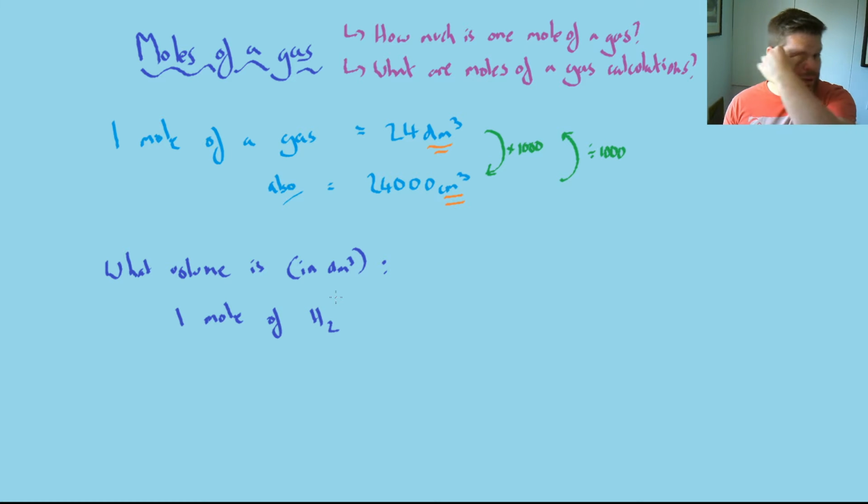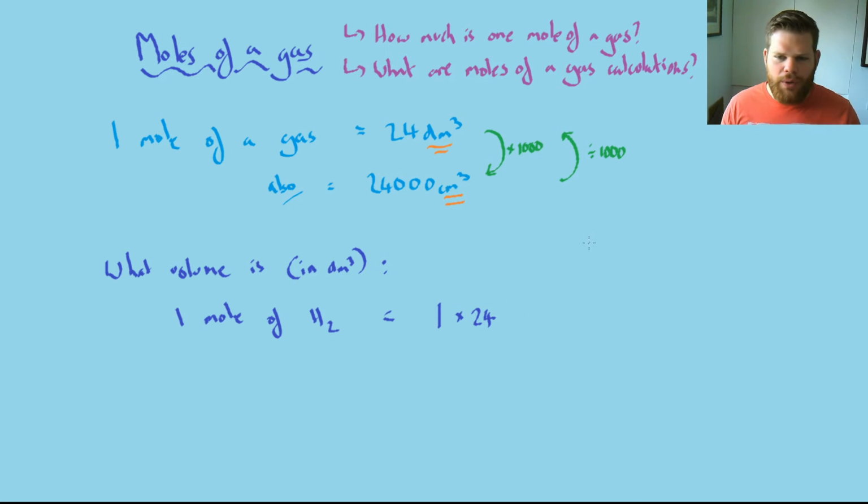So if we've got this question here, 1 mole of hydrogen, what does it equal? Well, we've got here 1 mole of a gas equals 24 decimeters cubed. So the actual equation would simply be the number of moles, which is 1, multiplied by 24.